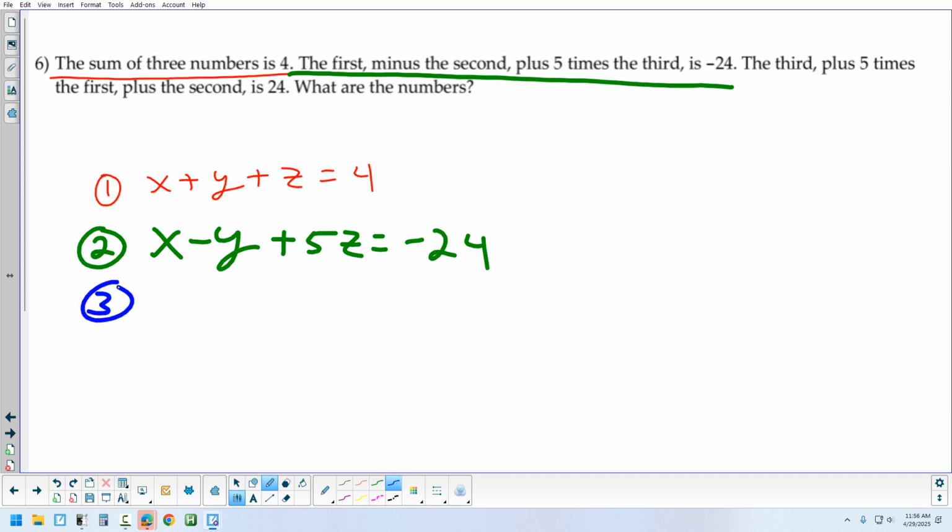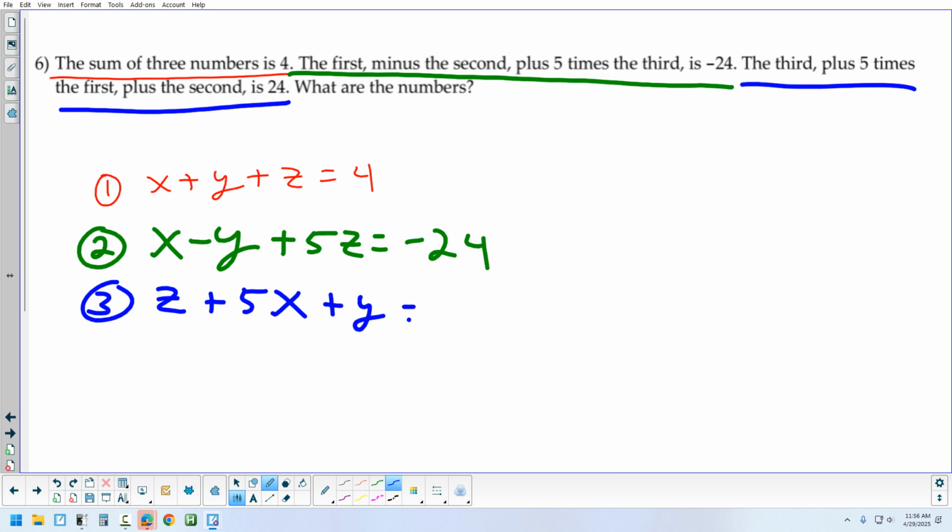And the third one. It says the third plus 5 times the first plus the second is 24. So z plus 5x plus y equals 24. Now, we have to be careful with that last one. Could we leave it like that, or would you want it to be x, y, z? We have to make them line up.